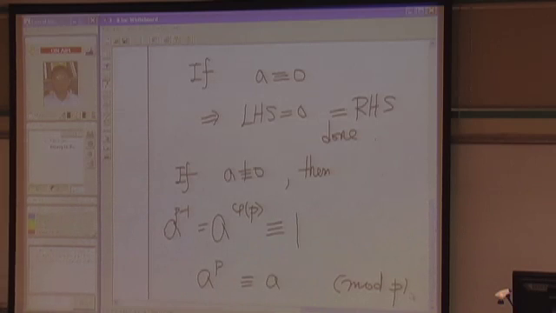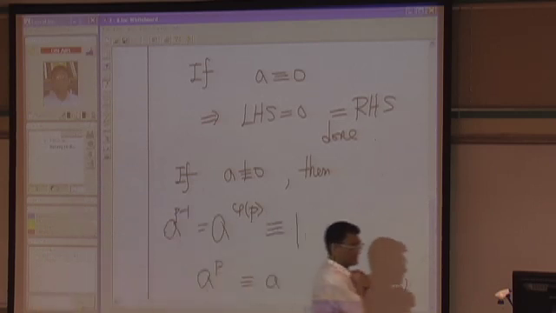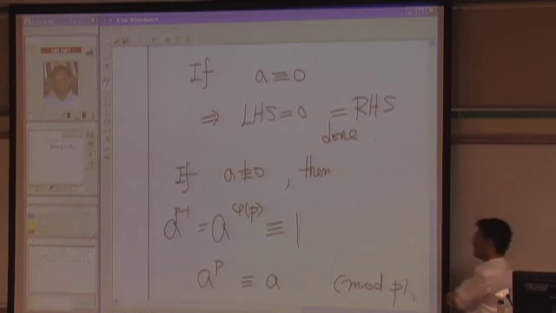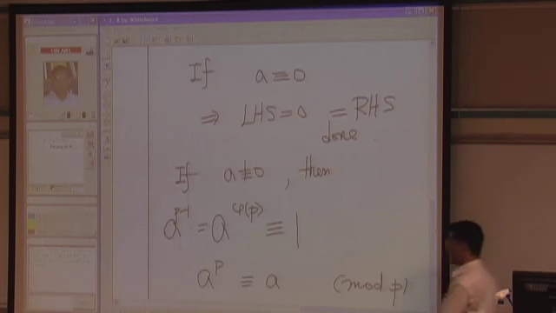So if P is prime, then A to the power of P is the same as A. Don't believe it? I will show you. You may pick any prime number. I will wait.